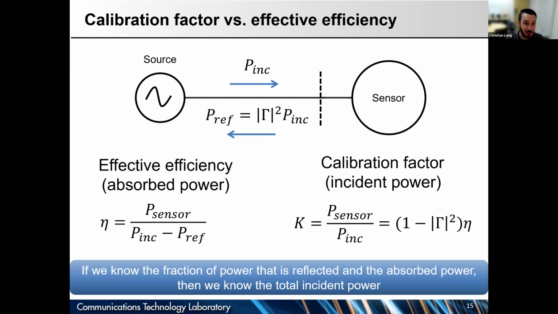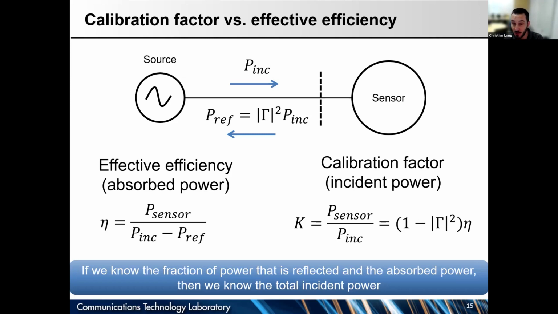There's two different forms of calibration constant that are pretty common. The most popular one by far is the calibration factor, the one on the right. And that one tells you how much power is really incident on the sensor compared to the amount of power that it read out.